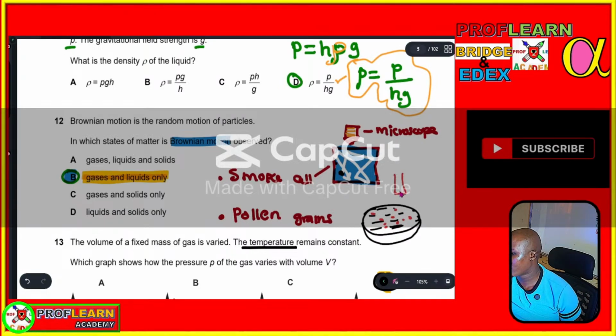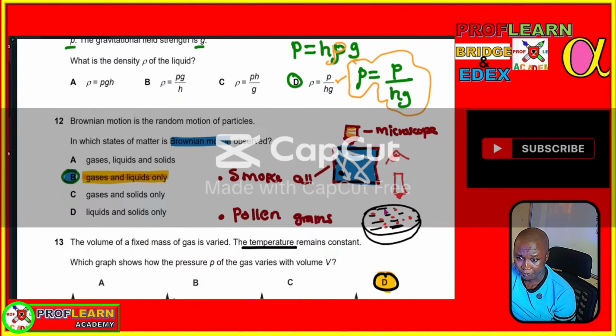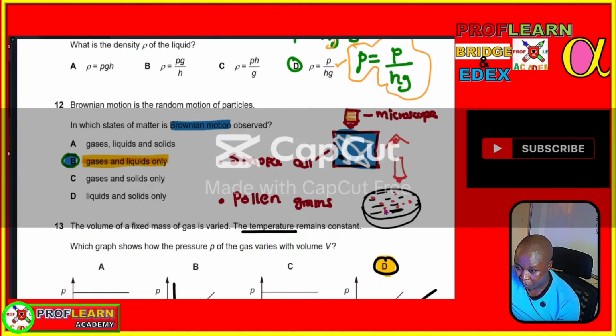If you have also a traveling microscope and your eye is positioned here, you are going to see the pollen grains moving in random motion. And the reason they are moving in random motion is because those pollen grains are colliding with invisible water molecules which are moving randomly, and that is what is called Brownian motion.